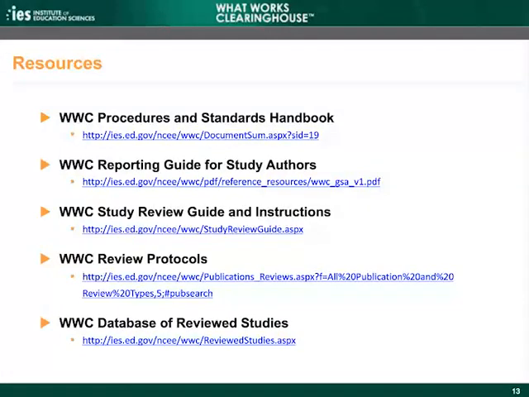So once an intervention is identified to be reviewed for a report, we try to find everything there is, published or not, as long as it's publicly available. And then we review every single study of that intervention.